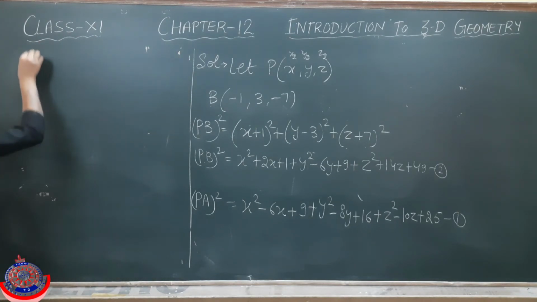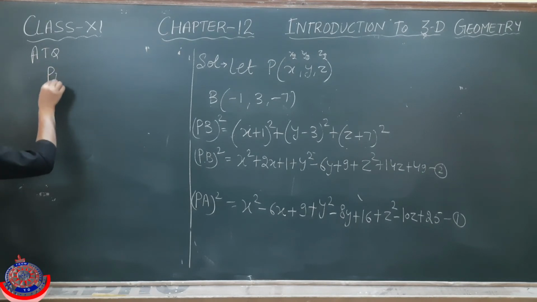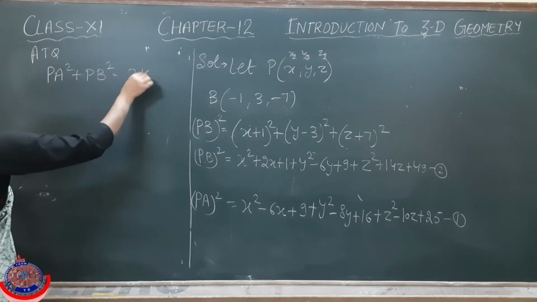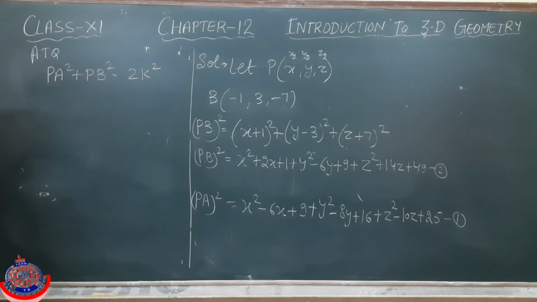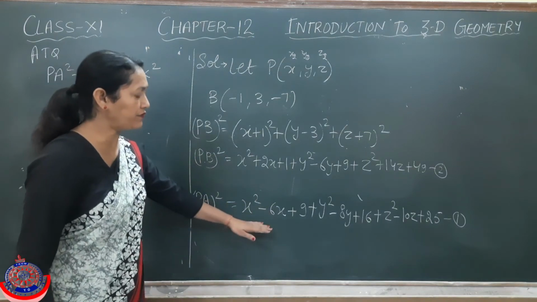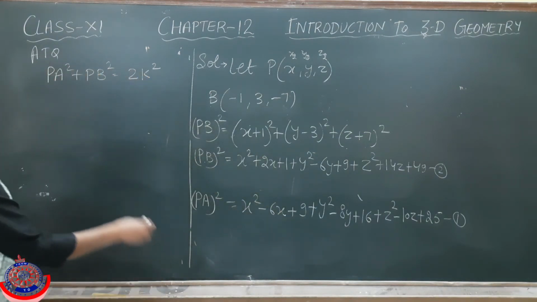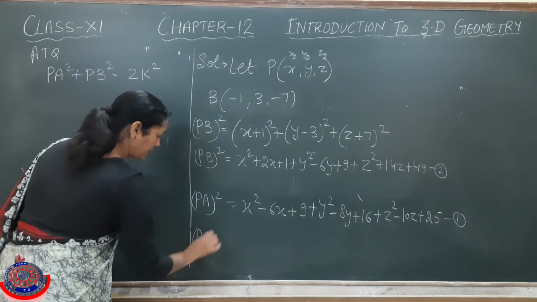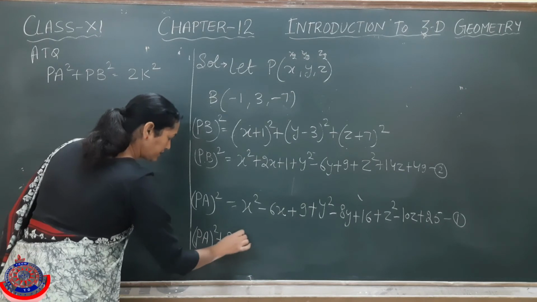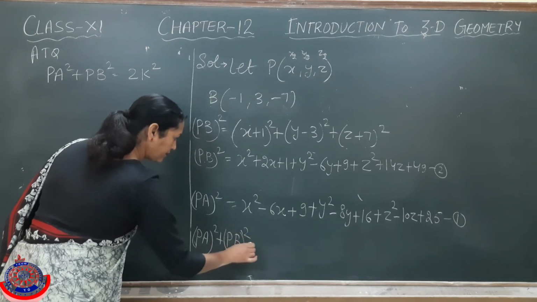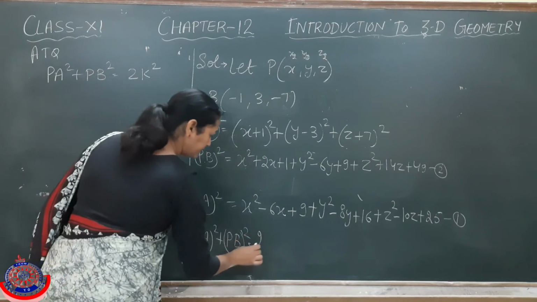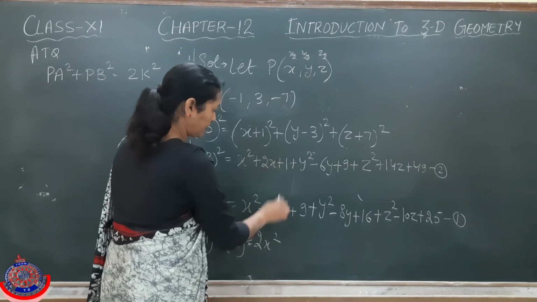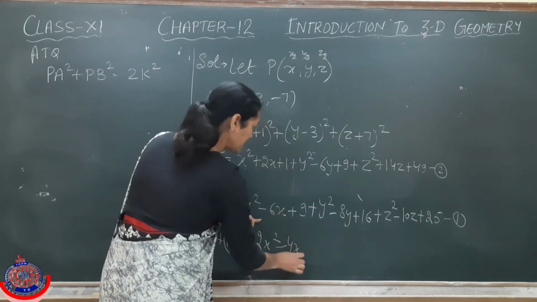So according to the question, PA square plus PB square is equal to 2k square. So adding equation 1 and 2, we will be getting 2x square, then 2x and minus 6x will give minus 4x.